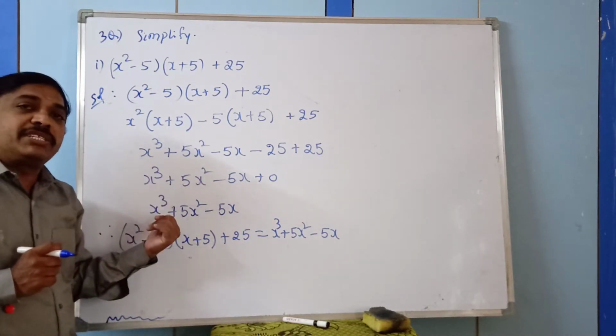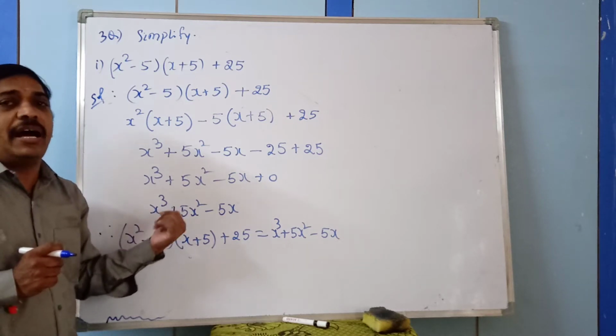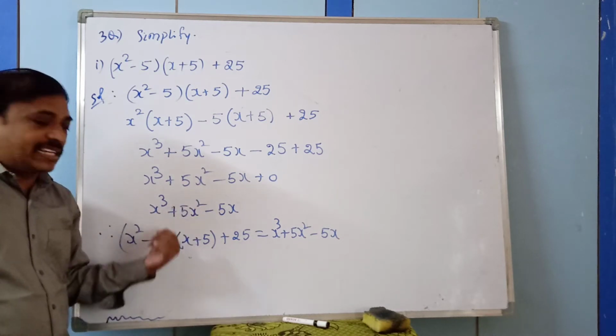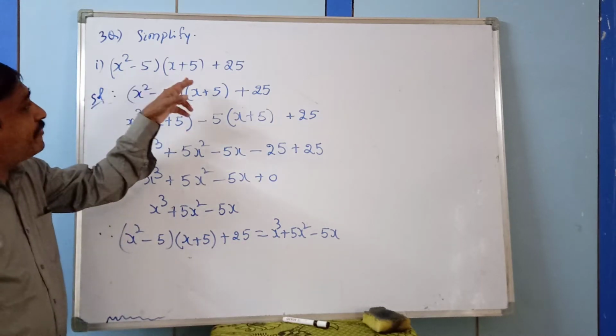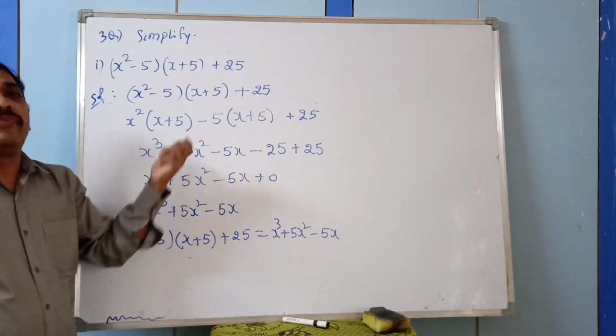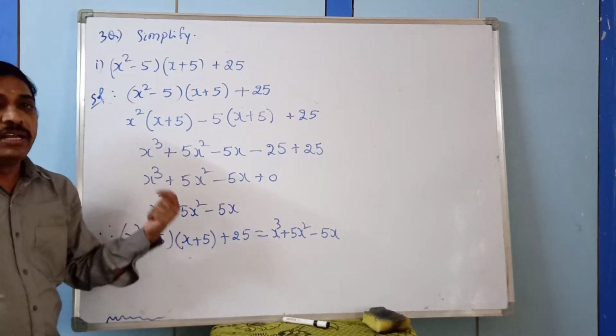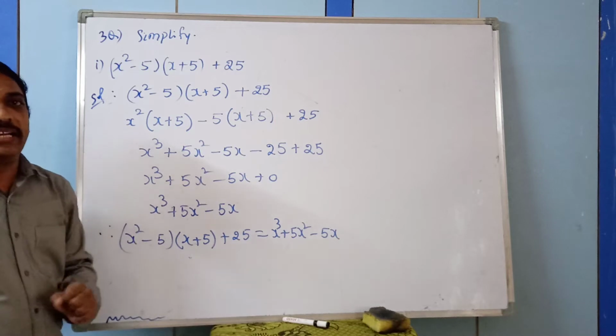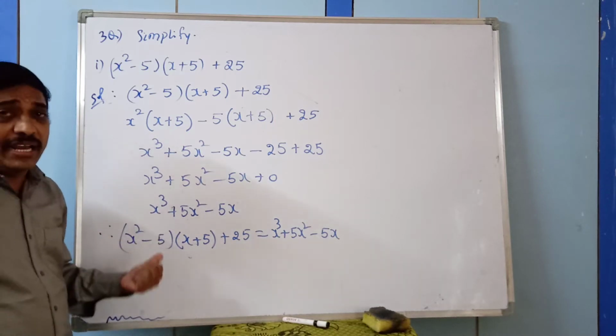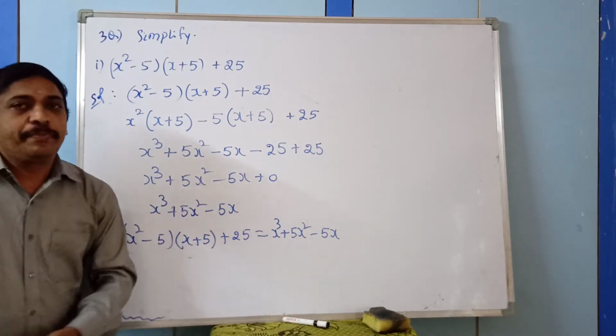If like terms are there, then we need to simplify, add or subtract. I hope you understood how to multiply and simplify. Simplify is nothing but the final step. Till you get the final step, there will be no further steps to calculate. That is called simplification. Is it clear?